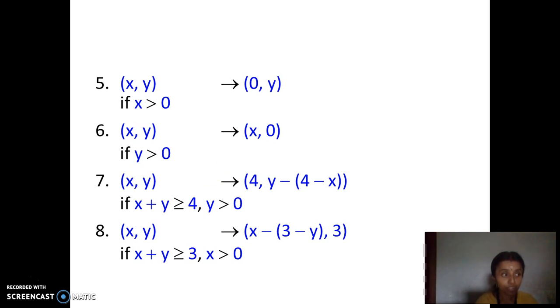As a result, the first jug contains the same x amount of water and the amount of water in the second jug becomes 0. The seventh rule is that if the total amount of water in both jugs together is greater than or equal to 4 and also y is greater than 0, then pour water from the 3 gallon jug into the 4 gallon jug until the 4 gallon jug is full.